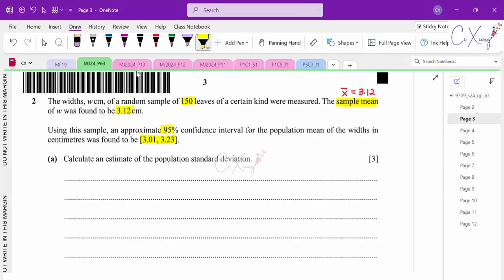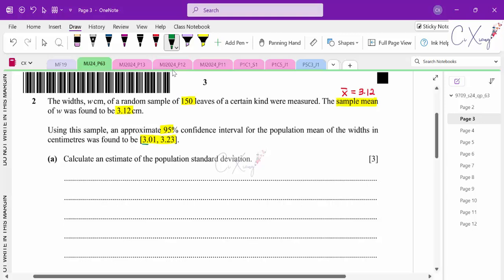To get the population standard deviation, since the values provided in this question are about the confidence interval, you can use any formula or value here. You can use either the lower limit or the upper limit of the confidence interval to get the population standard deviation, because the population standard deviation is involved in forming the confidence interval.